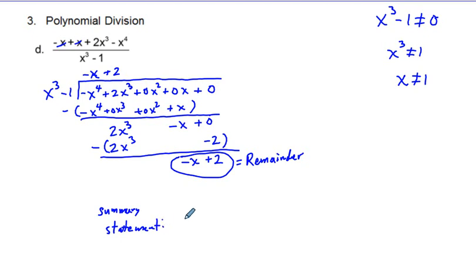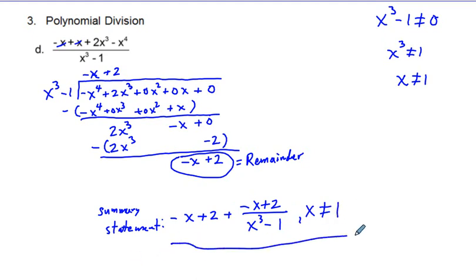That's going to be negative x plus 2, plus our remainder, which is negative x plus 2 over our divisor, which is x cubed minus 1, comma, x cannot equal 1. So this is going to be our answer to this problem here.